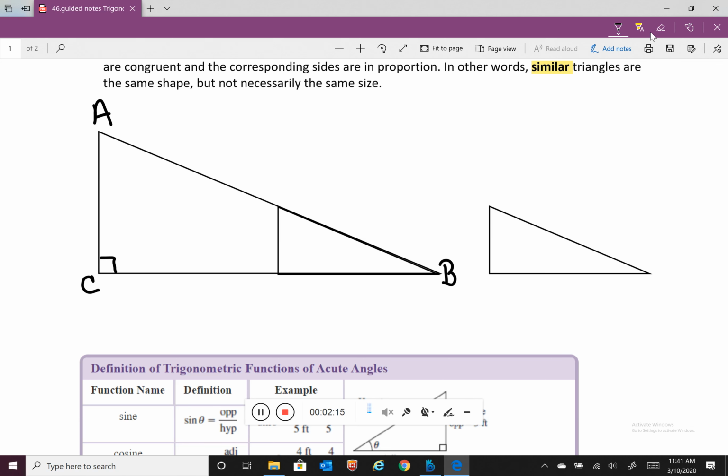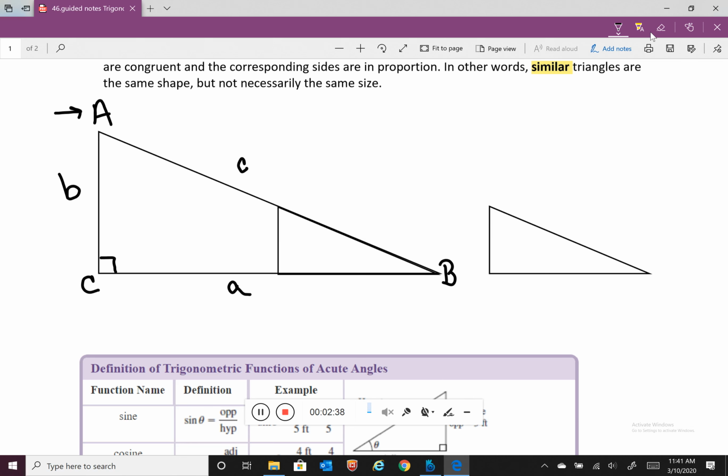Now angle A, as we can see, is capital A, and its corresponding side is opposite it, so this is side A. Angle B has corresponding side B, and angle C has corresponding side little c, which is the hypotenuse.